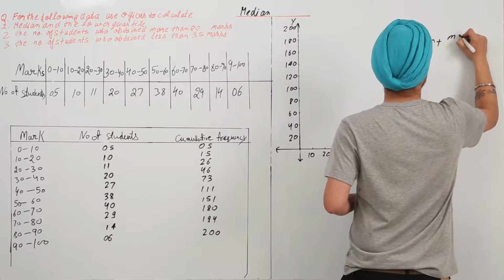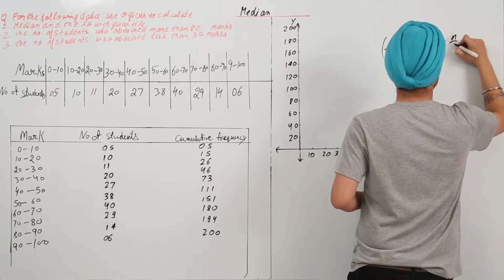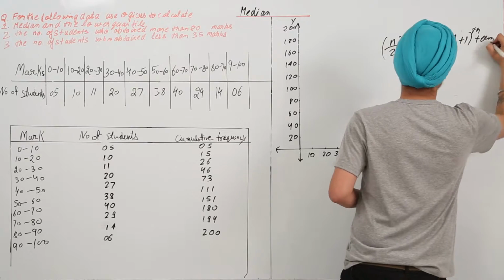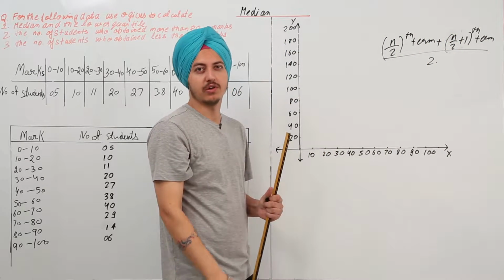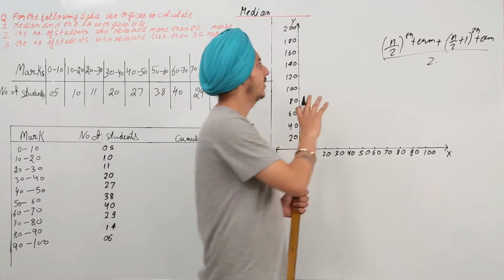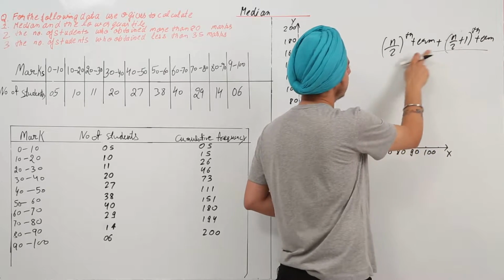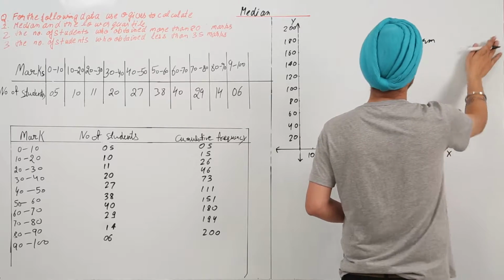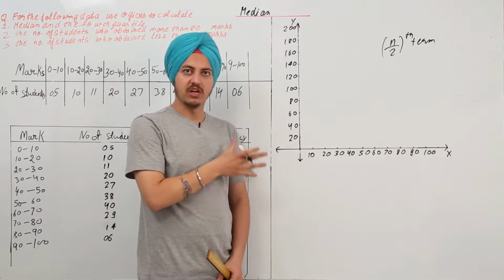This term plus this term, by 2. This was the formula for the median of the even data, right? But in this, all we have to use is this much. This would be the median of even data while we are using ogives.